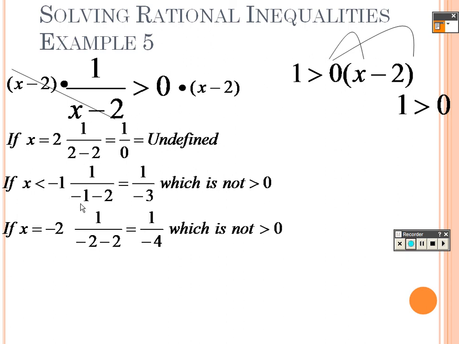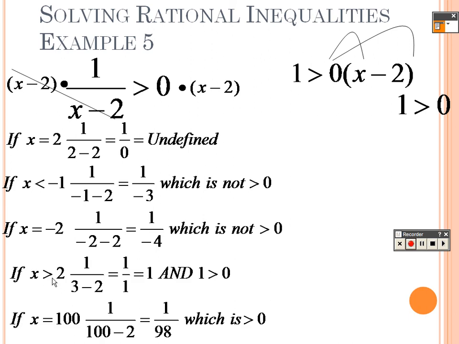If I plug in negatives underneath there, I end up with negative numbers which aren't greater than 0, so they don't work. So basically what we're saying is the number has to be a positive number that is greater than the number 2. Because if it's greater than 2, like a 3 or 4 or 5, then I get numbers that are all greater than 0.